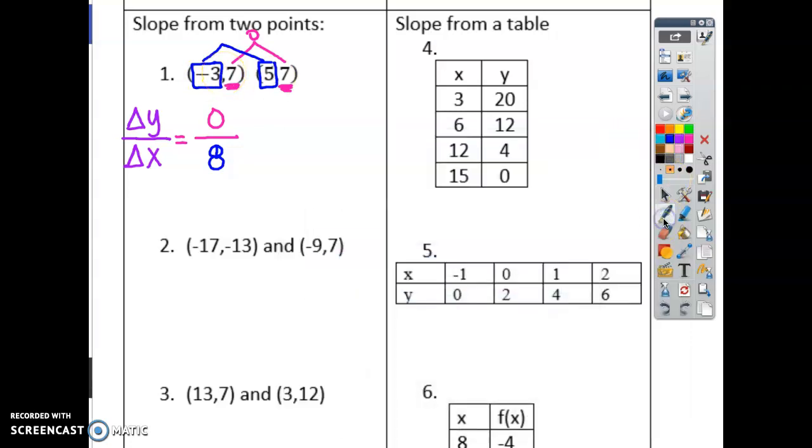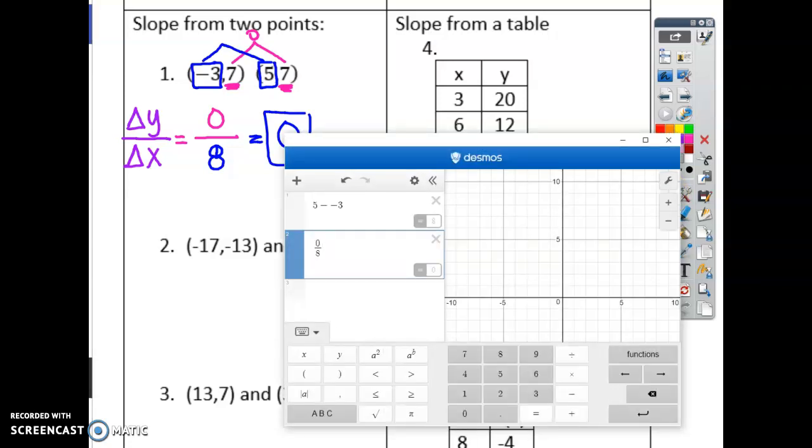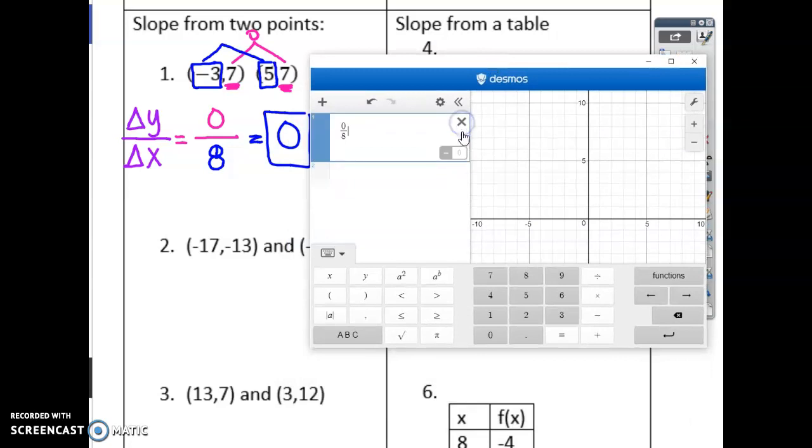Okay? We can also put them in decimals. If I put those 2 points in decimals, I want everybody to look. I'm going to take this off, and I'm going to put those parentheses, -3, 7, close parentheses. There's my first point.